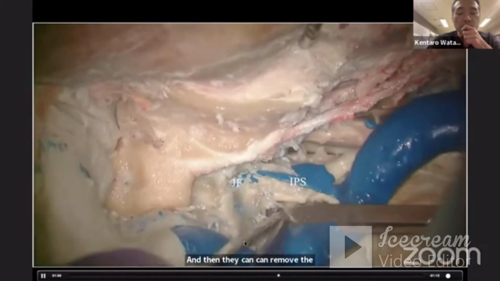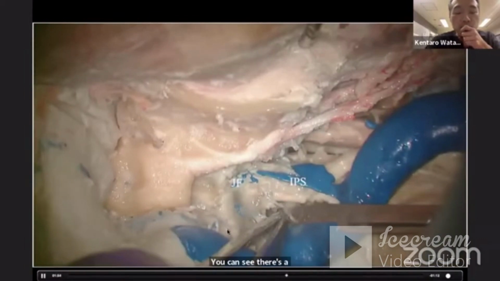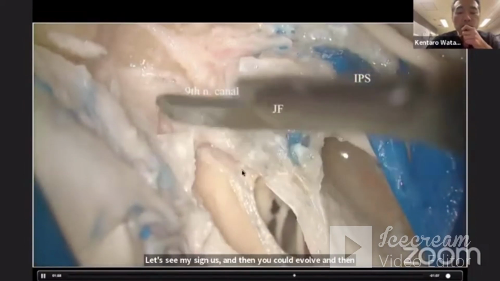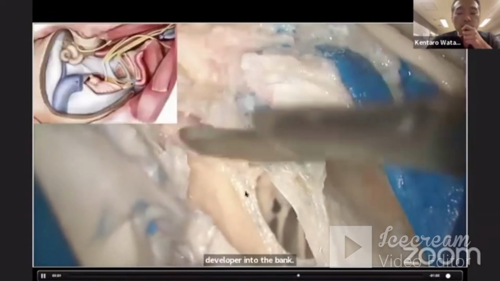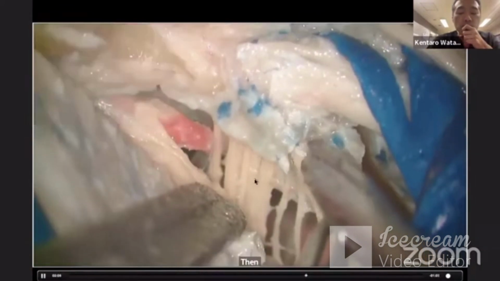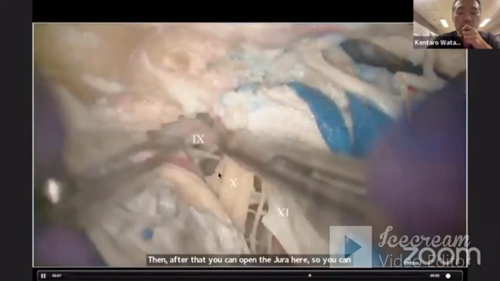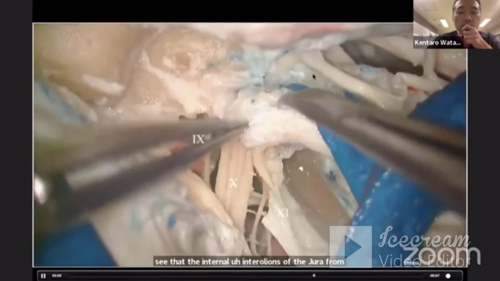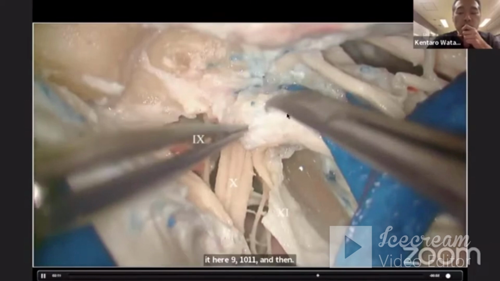You can see there's a medial wall of the jugular sigmoid sinus and the jugular valve and the jugular vein. Then after that, you can open the dura here, so you can see the intradural lesions of the jugular foramen here, 9, 10, 11, and the foraminal segment of the jugular foramen.